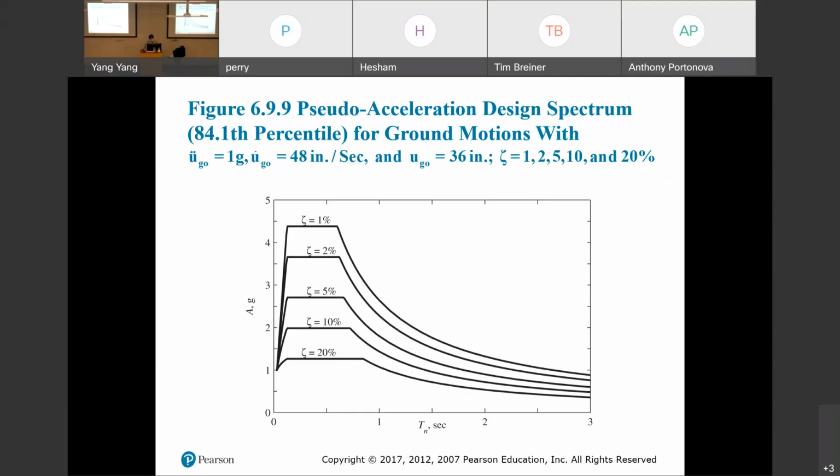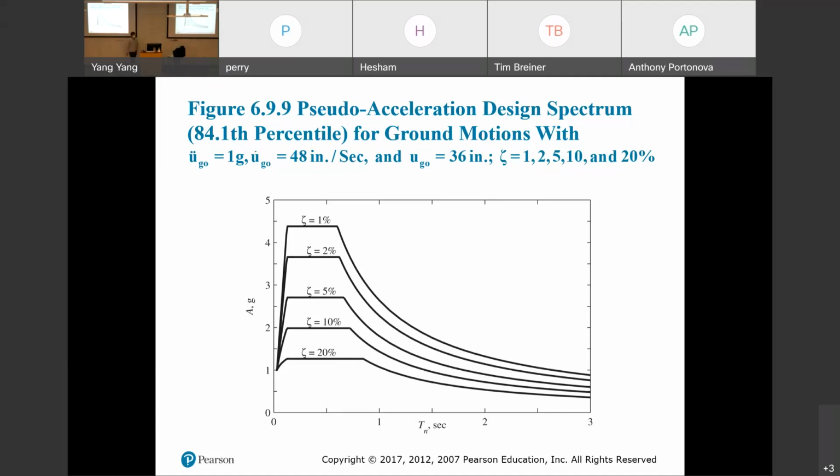So for different damping ratios, the zero period acceleration for your design will be different. The higher the damping ratio, the smaller the acceleration will be. And as you can see here, this is how all the design spectra are developed.